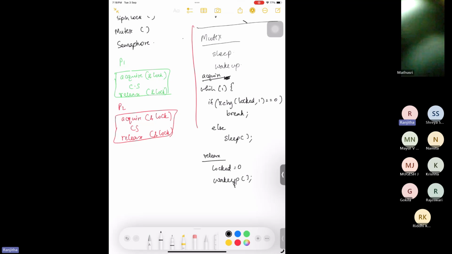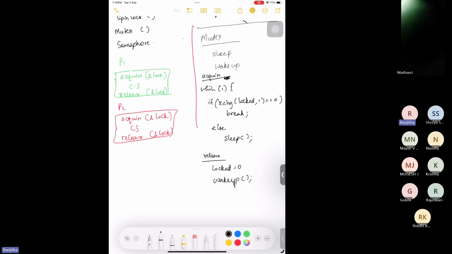But one problem with this approach is that if there are multiple processes waiting, sharing common data, many processes will sleep, for example 10-15 of them waiting for the lock, and when the lock is released and wake up is issued, all of them will wake up together. We call this the thundering herd problem.